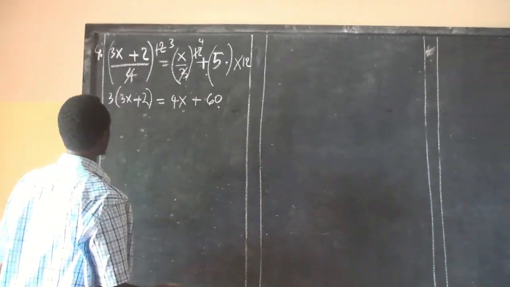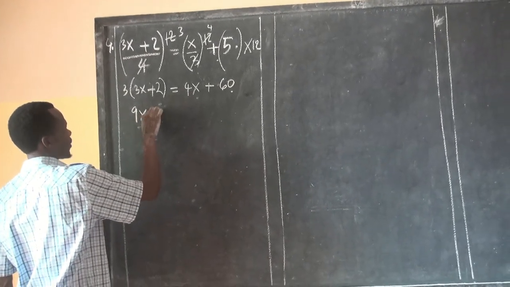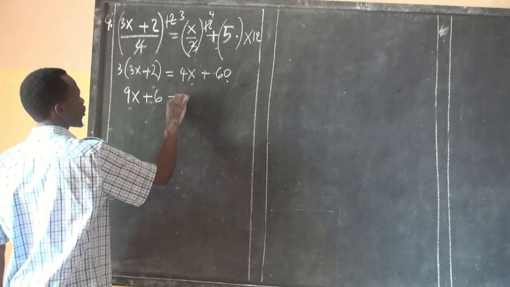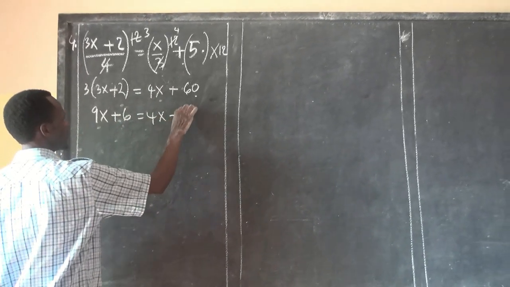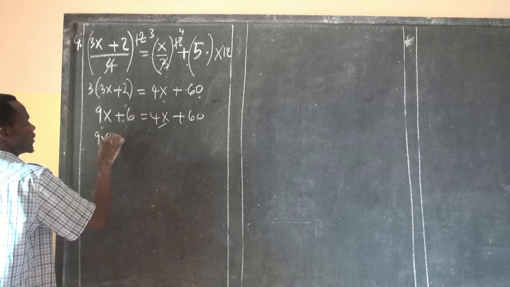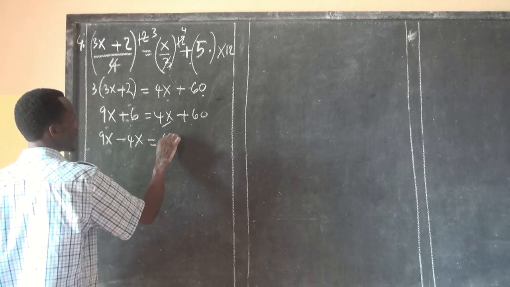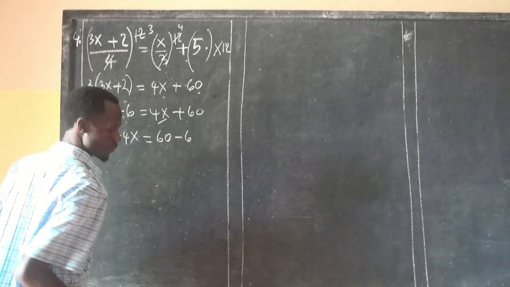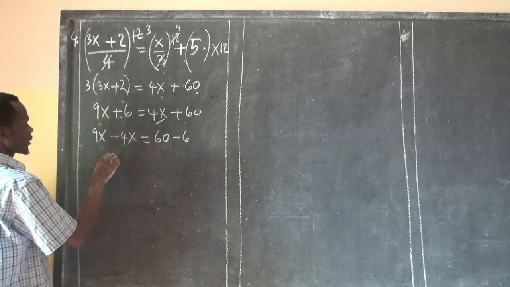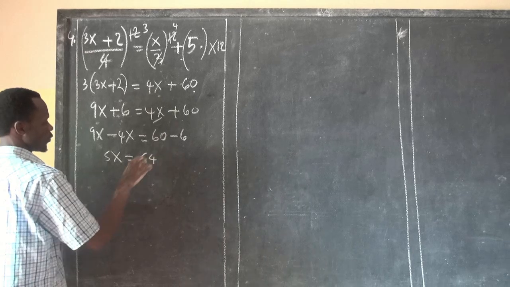Are we together? Open the bracket. 9x plus 6 is equal to 4x plus 60. Now take it to the other side. Now 9x minus 4x is equal now to 60 minus 6. Now here it is 5x is equal to 54.